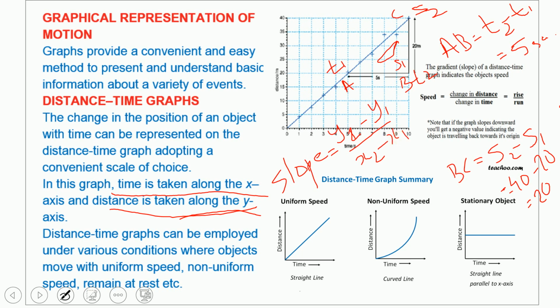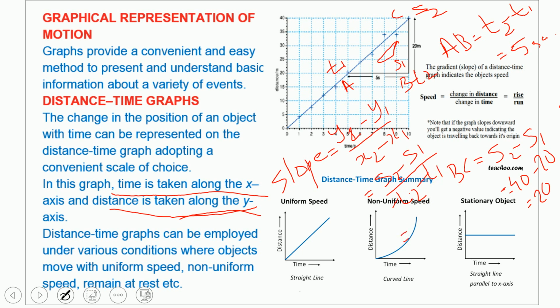In this case, y is the distance, so it is S2 minus S1 upon T2 minus T1.